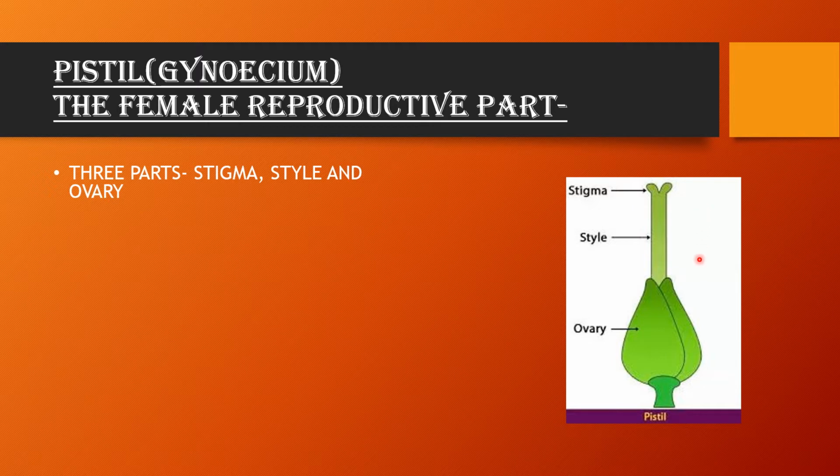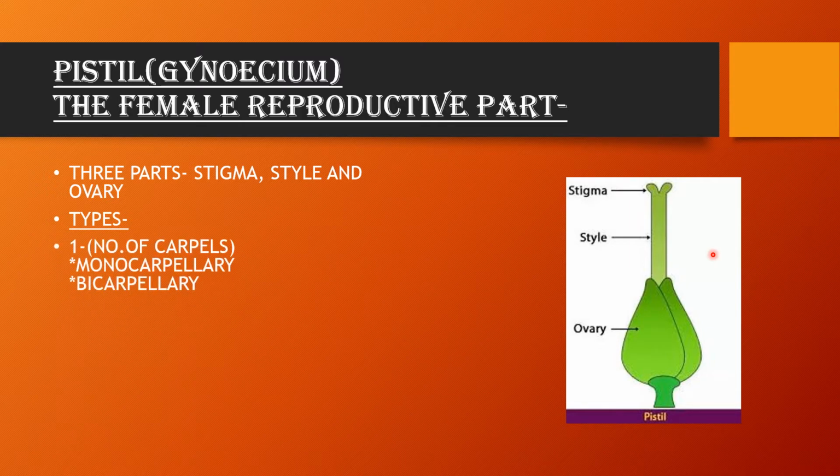Some gynoecia contain only one carpel, and those gynoecia are called monocarpellary, and when there is more than one carpel in the gynoecium, then that gynoecium is called bicarpellary or polycarpellary.